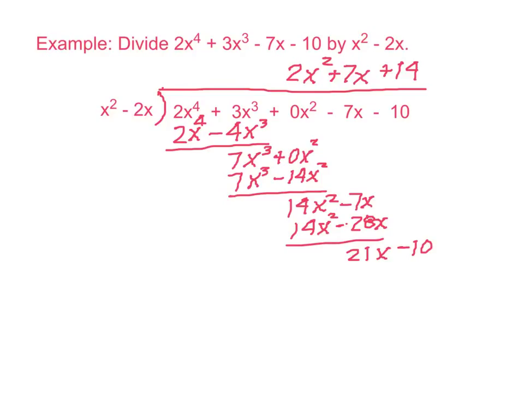Now notice, x squared can't go into 21x, so at this point, this 21x minus 10 is simply the remainder. Well, how do we show the remainder? We show the remainder up here as plus 21x minus 10 over x squared minus 2x.